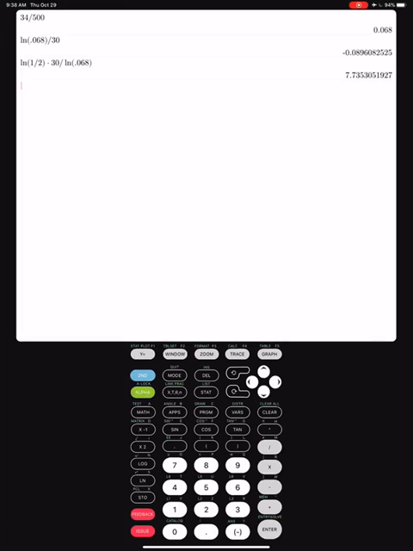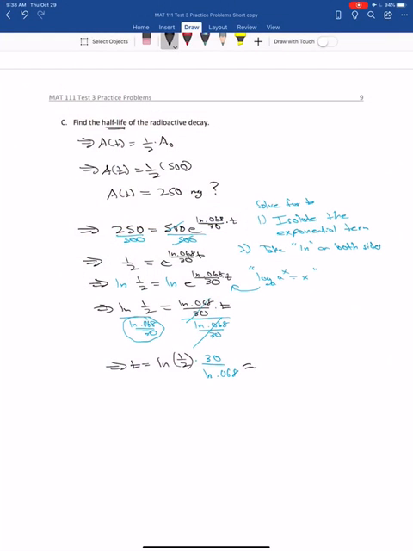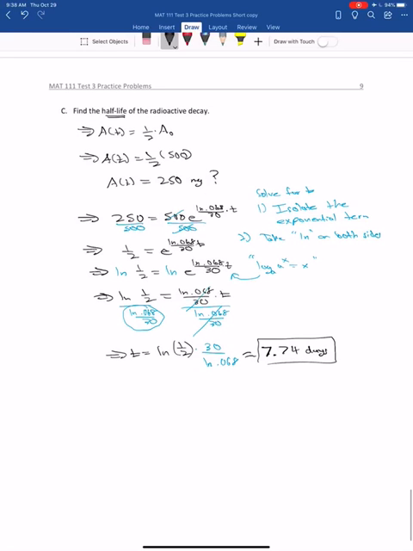I got 7.74, rounded, and that's days. So there's our answer. Around 7.7 days, almost 8 days, we're going to have half-life. We're going to have half the original amount of the radioactive substance. We started with 500 milligrams, and we're going to end up with 250 in a little over 7, or almost 8 days, we should say, 7.74 days. So that's half-life.